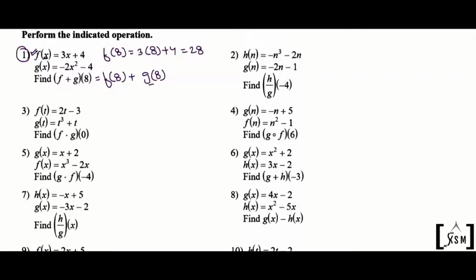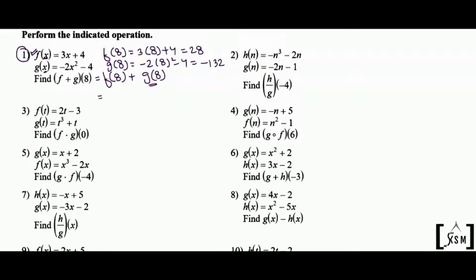Similarly, we have to find g8 value. To find g8, we'll replace x with 8. So I get g8 equal to negative 2 times 8 square minus 4. When you calculate, you get negative 128 minus 4, which is negative 132.